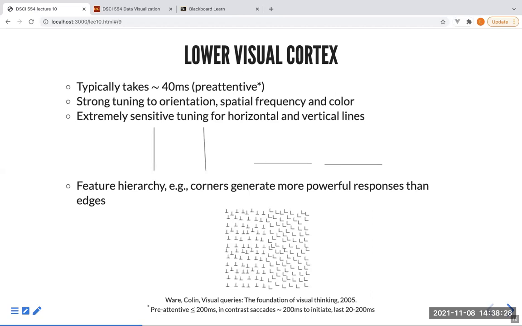So I put at the bottom some of the timings for the pre-attentive and non-pre-attentive tasks. The non-pre-attentive requires the saccade movements of the eyes, which takes quite some time to start. You can see with respect to the 40 milliseconds up there, it's about 200 milliseconds, and then they last up to as long.